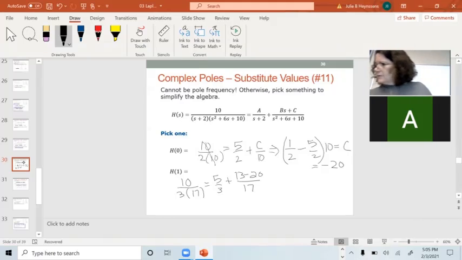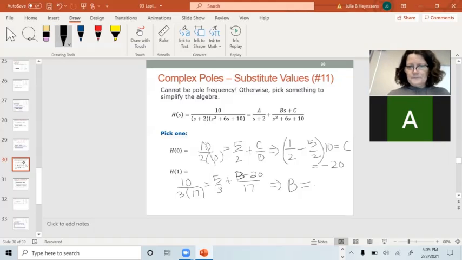Oh, and that wasn't a 13, that was a B. I can't read my own handwriting. And again, I could move the 5/3 over to the other side, multiply by 17, and then add 20, and I would come up with B. They're really messy, but it's just one equation and one unknown, and that's really all it is. B is -5.